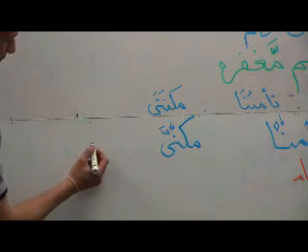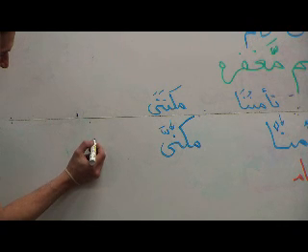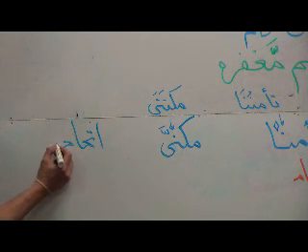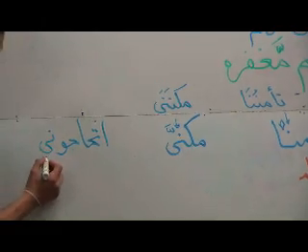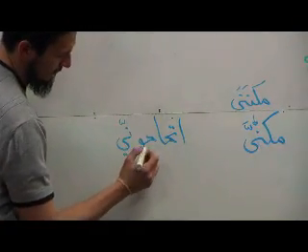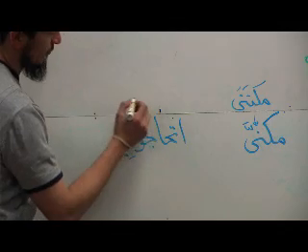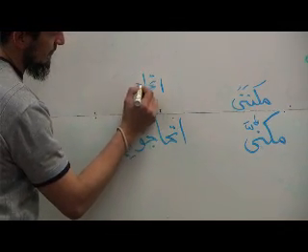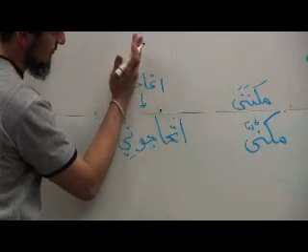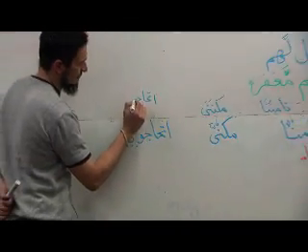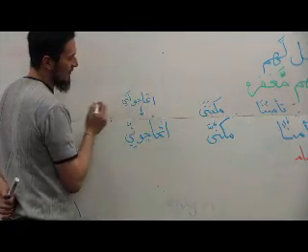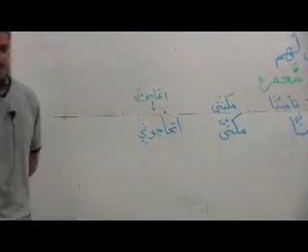And the last case, atuhajjuni, which comes from atuhajjunani, because the first was fatha and the second one is kasra.